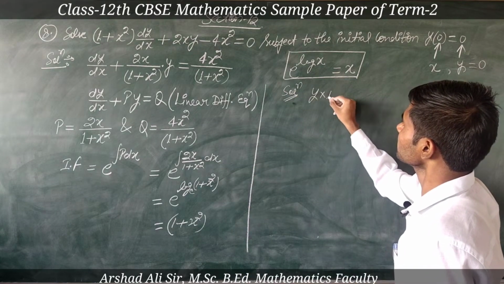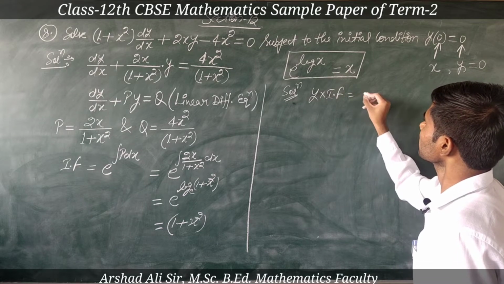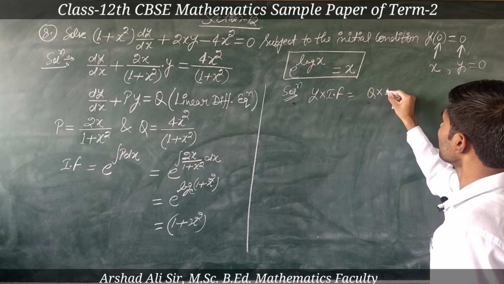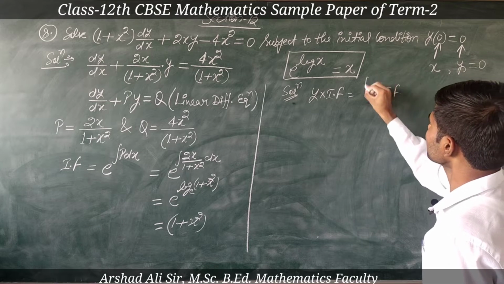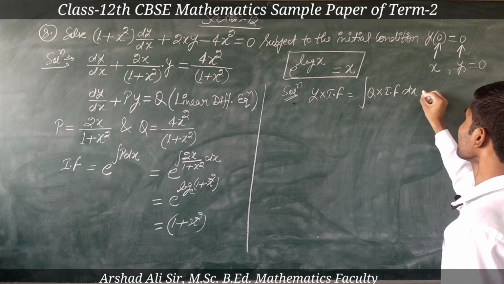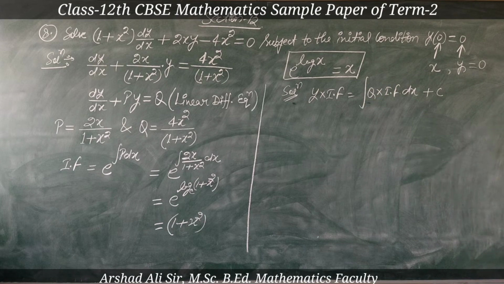Y multiplied by IF, the integrating factor, is equal to the integration of q multiplied by IF with respect to x, plus c, where c is any constant.